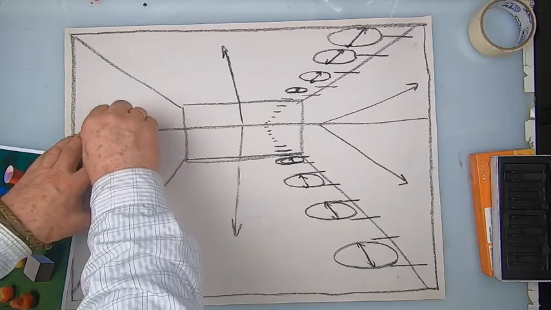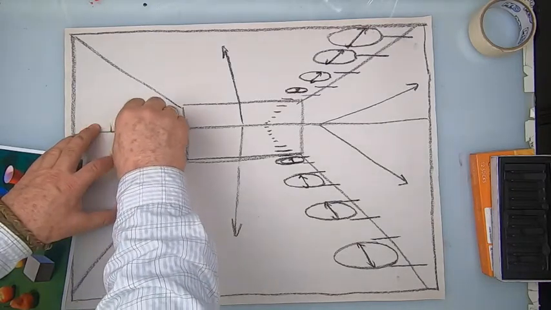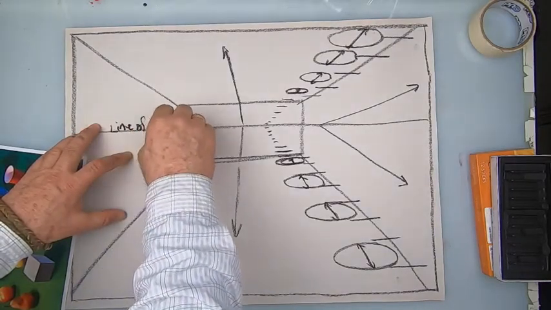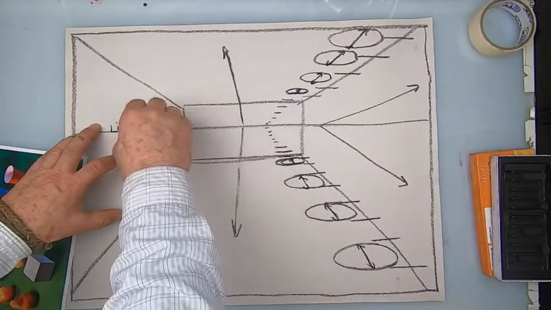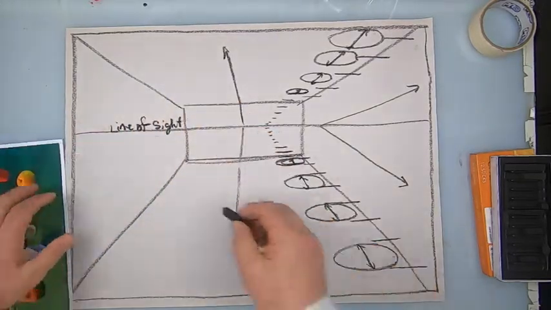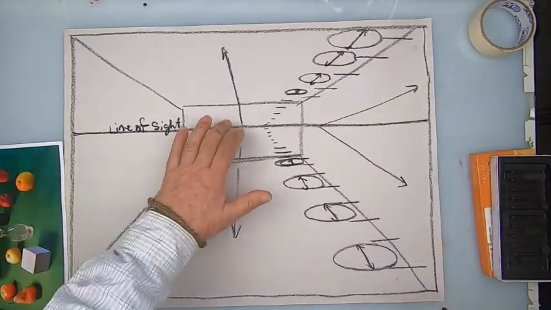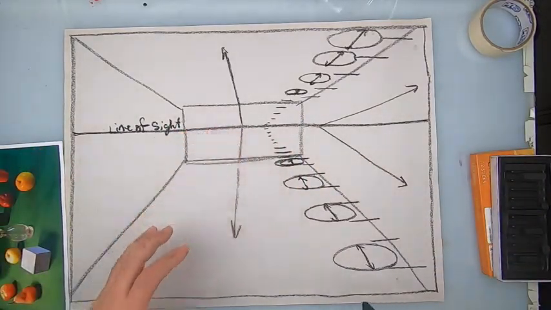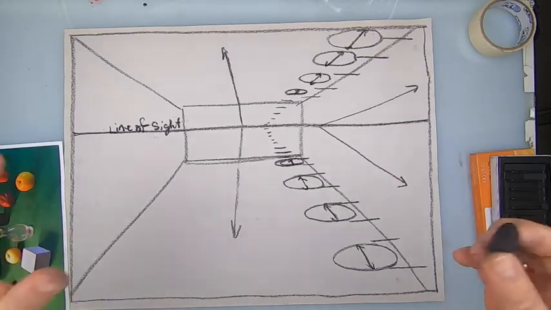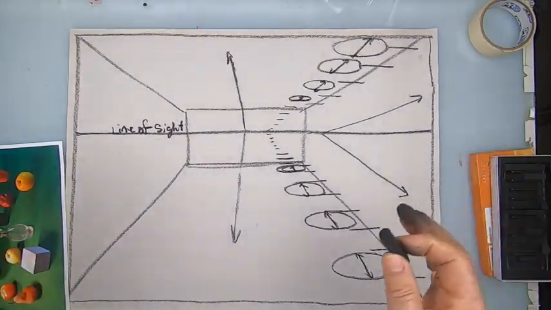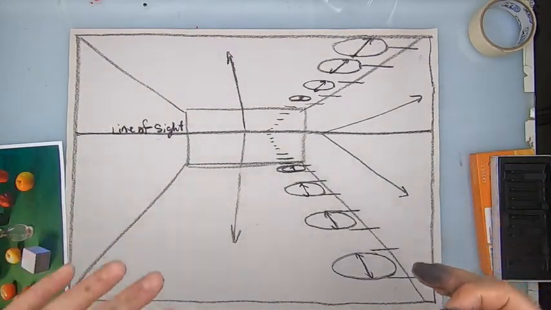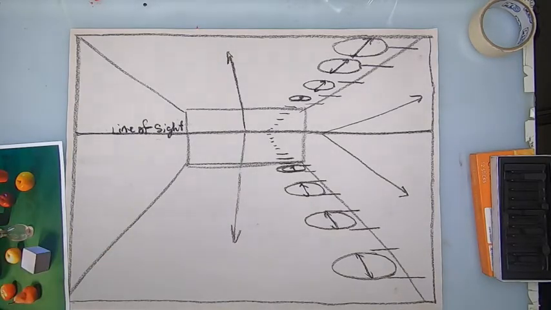This is our line of sight. Line of sight. And that's a constant. When you move your head or you move your vantage point or wherever you're looking from, that line of sight exists way off into the distance.